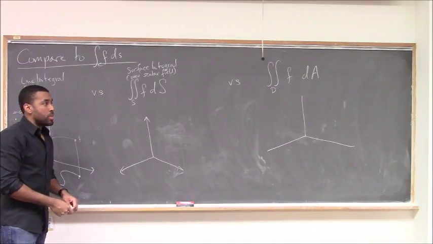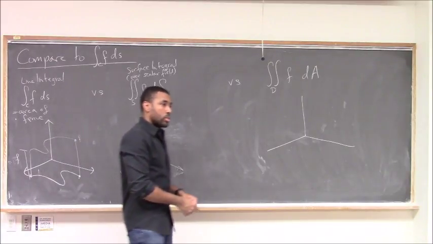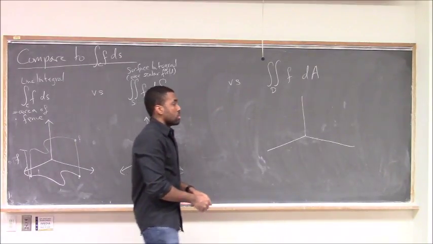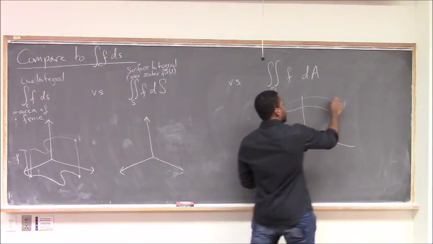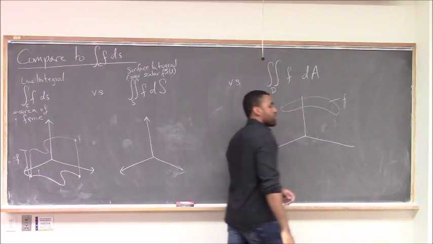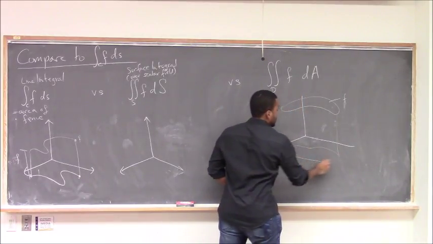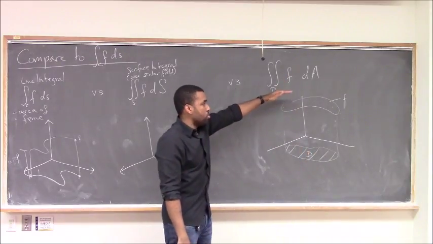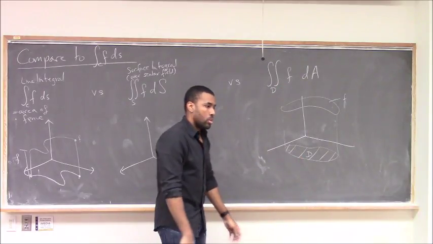How did we interpret this back in Calc 3? Volume? It's the volume of what? The volume below this surface, right? So we had a surface that was given by this equation f. It was projected down to some region D. And if we wanted to find the volume below f that's above the region D, that was your integral.